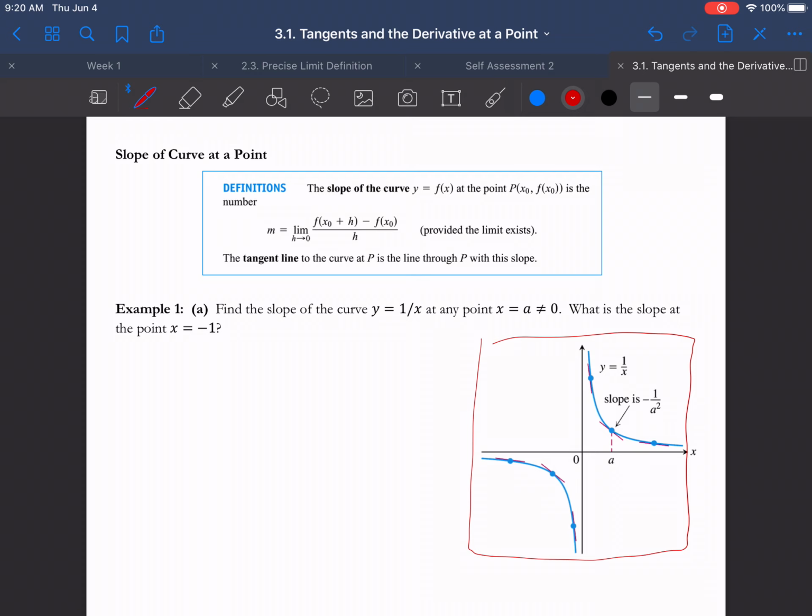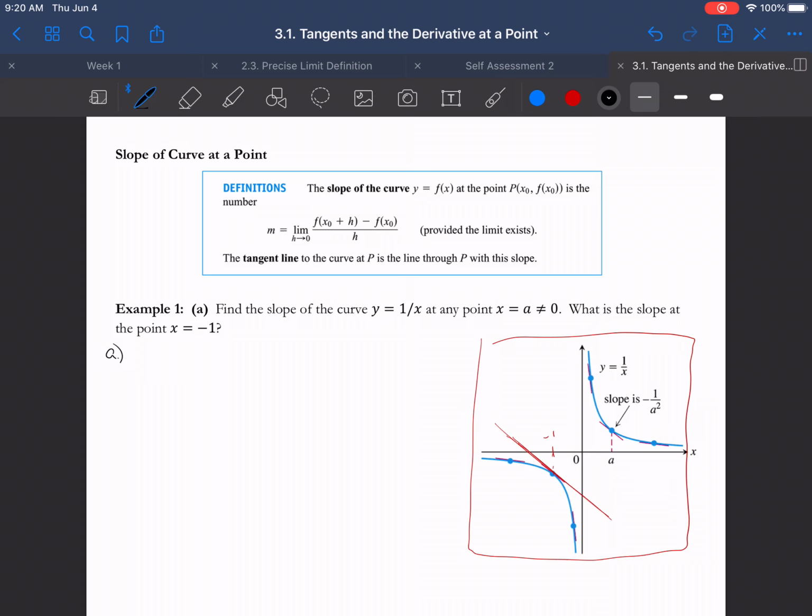What we're interested in is finding the slope at a single point, in particular, x equals -1, somewhere over here. So we're trying to find the slope of this line that comes along and is tangent to the curve at that point. It means it just skips off it and touches it at that one little point.